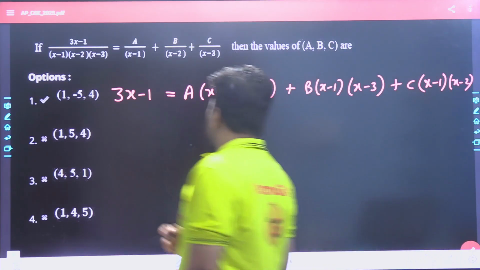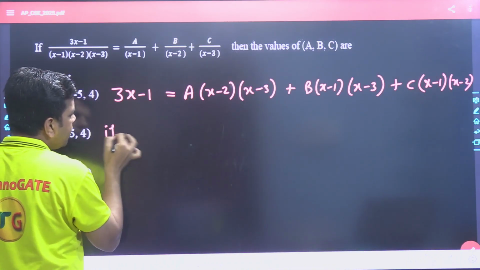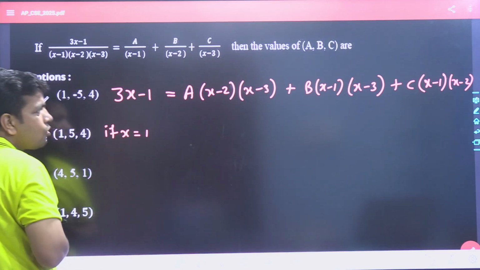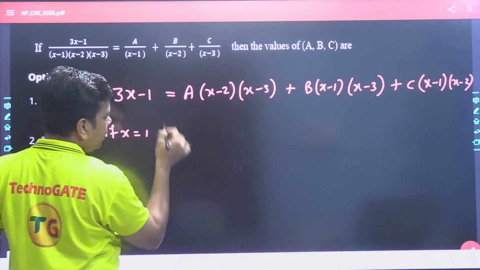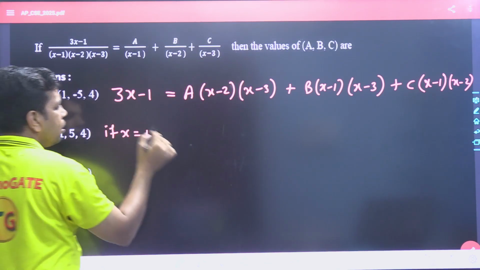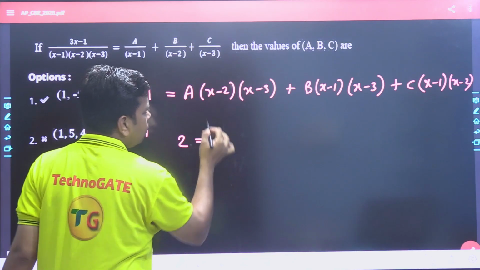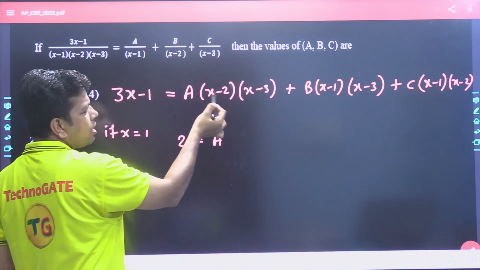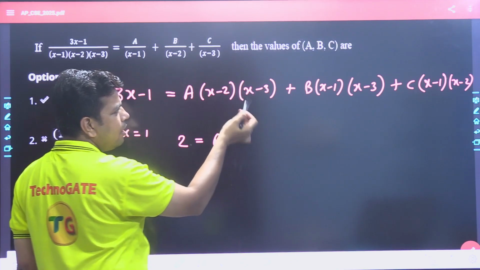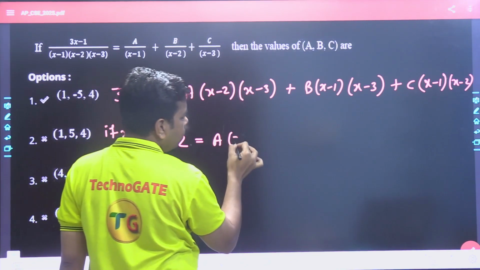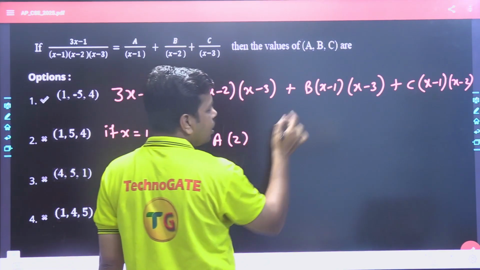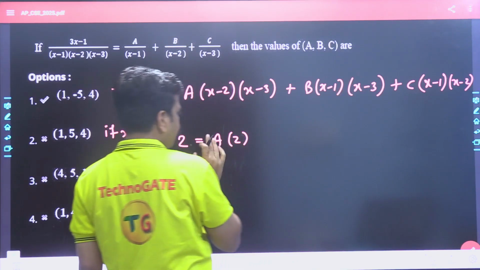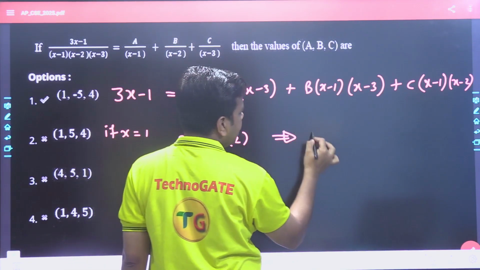Let's say we'll do one thing: if we put x equals 1, what would be the value of this particular term? A into, I am putting 1 here, 1 minus, after multiplying this term becomes, that term becomes.